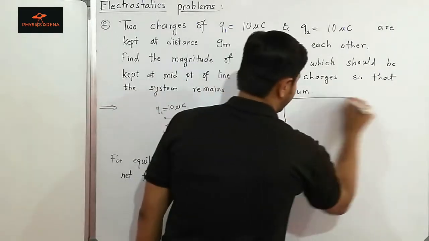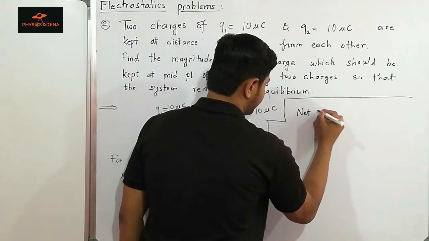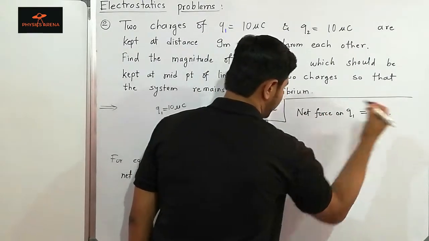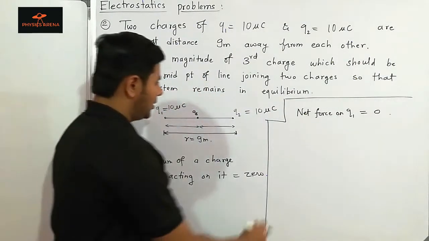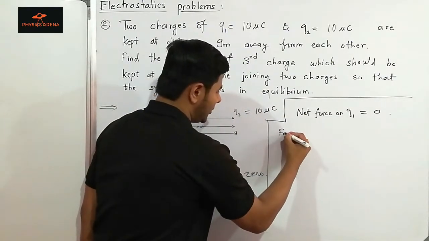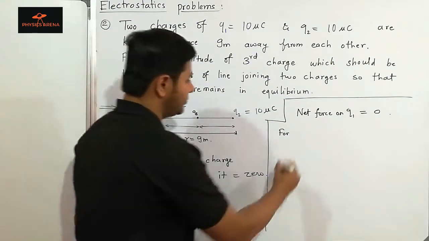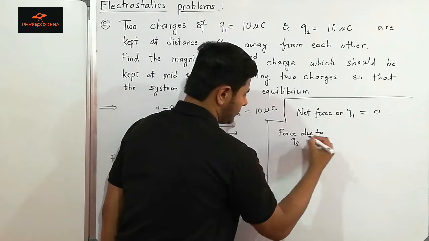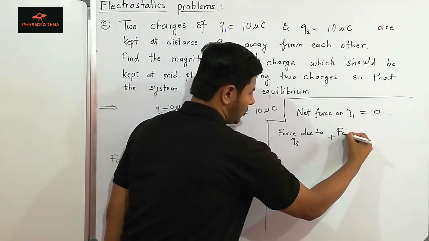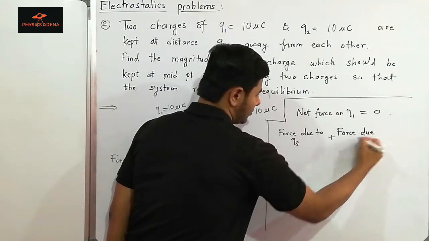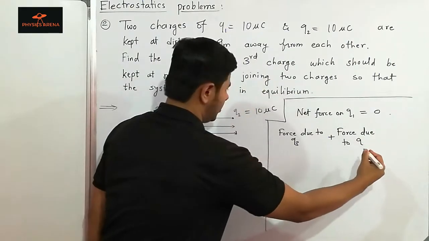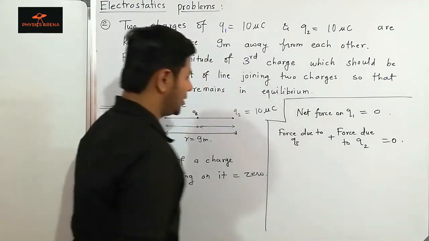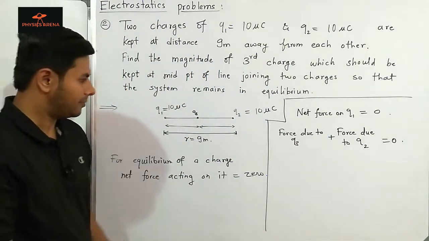So I can say the net force on Q1 is 0, and it is the force due to Q3 plus the force due to Q2 equals 0, and obviously it is the force on Q1.